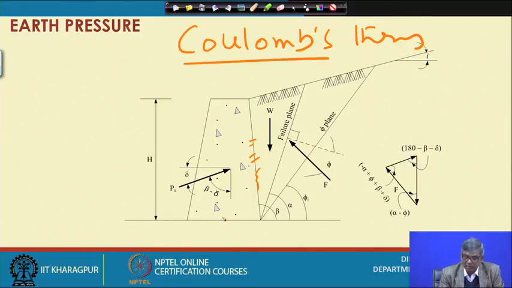So this is the generalized Coulomb theory. Based on Coulomb's theory, this is a generalized force diagram. This is the wall and these are the forces acting here, and based on that we can draw the force polygon. Suppose this is W actually, and this is Pa.